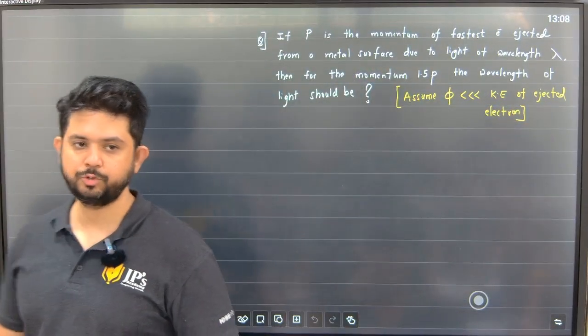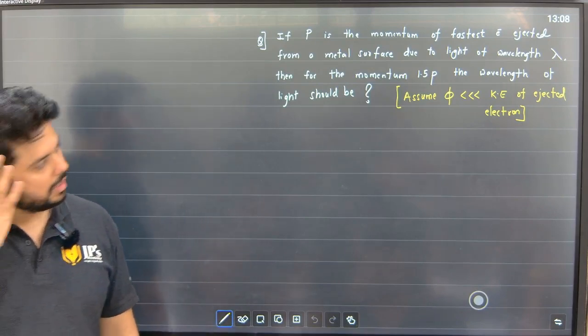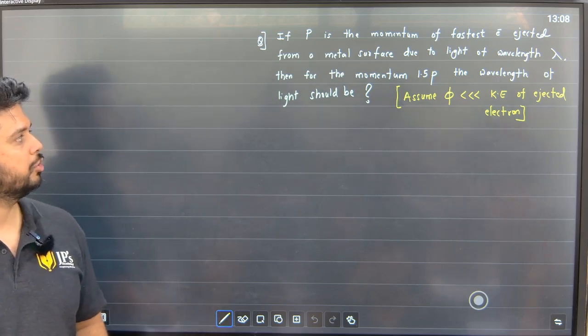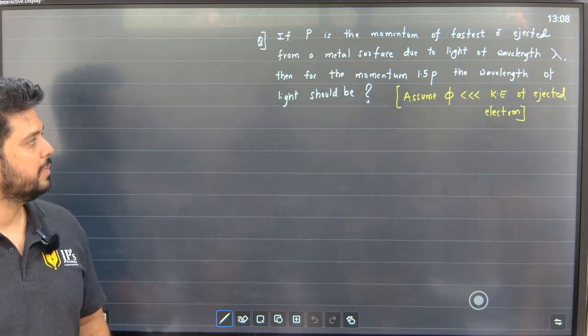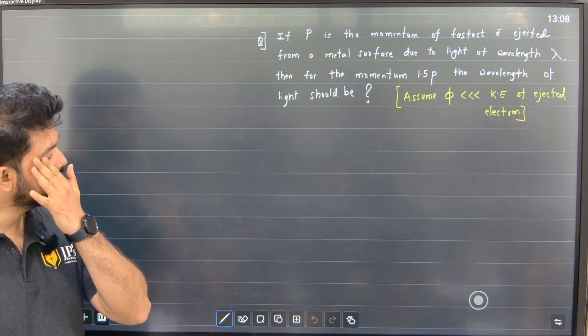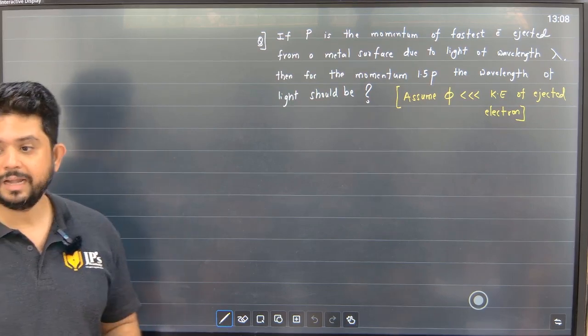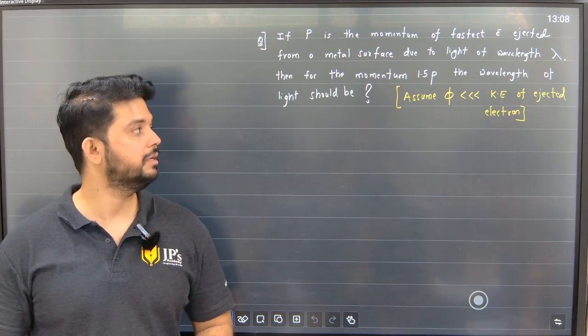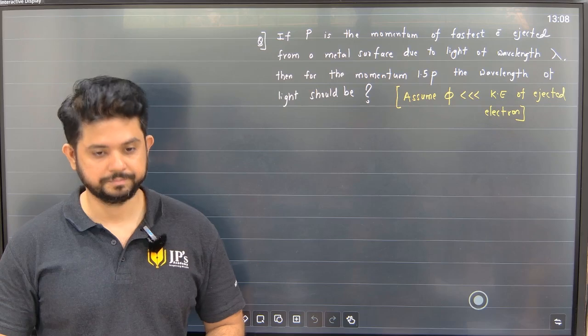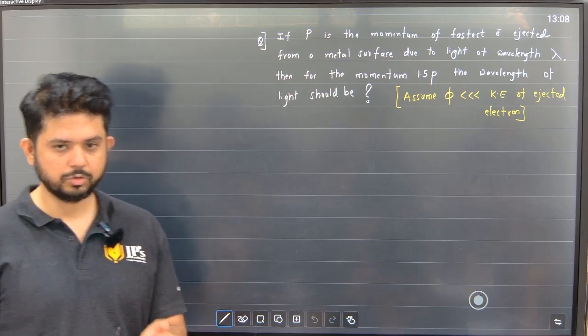Now look at the next numerical. If P is the momentum of the fastest electron ejected from a metal surface due to light of wavelength lambda, then for the momentum 1.5 P, the wavelength of light should be? The question is a little different.